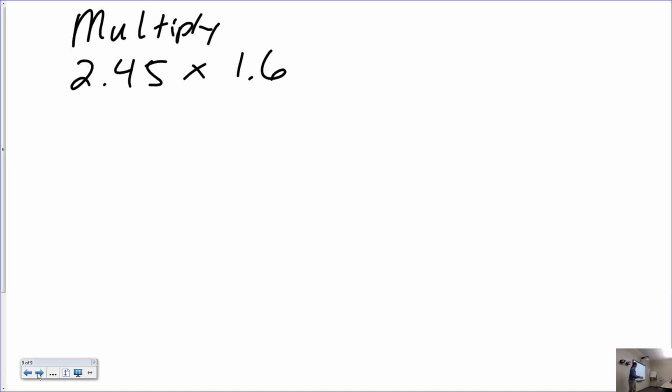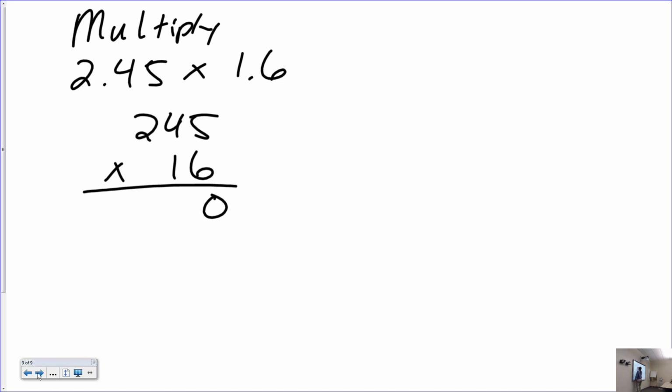Just multiply the two numbers. 245 times 16. And do multiplication the old-fashioned way, right? 6 times 5 is 30. Carry your 3. 6 times 4 is 24, plus 3 is 27, carry your 2. 6 times 2 is 12, plus 2 is 14.